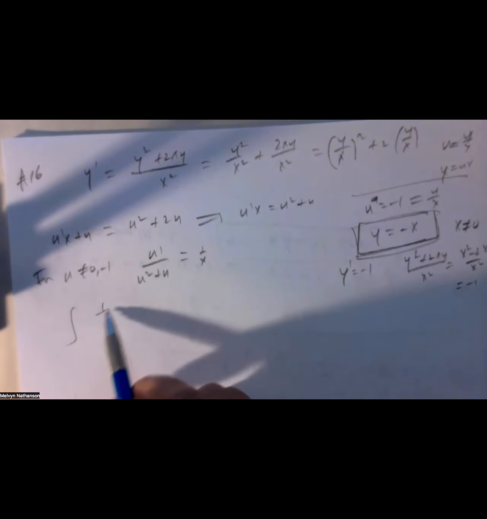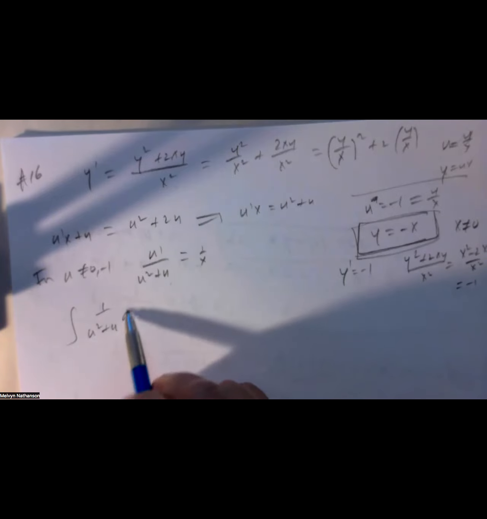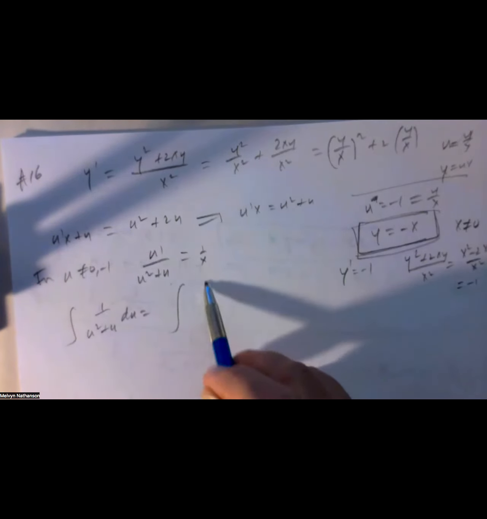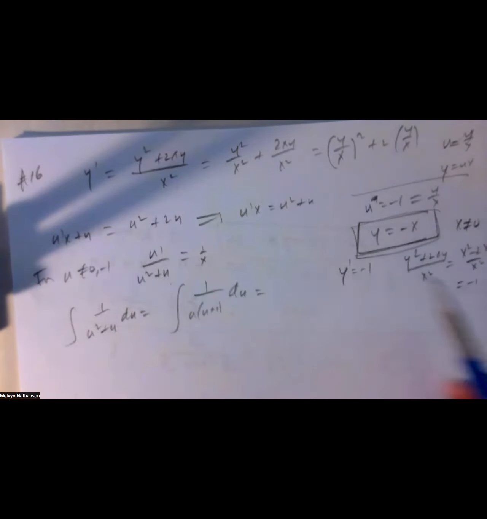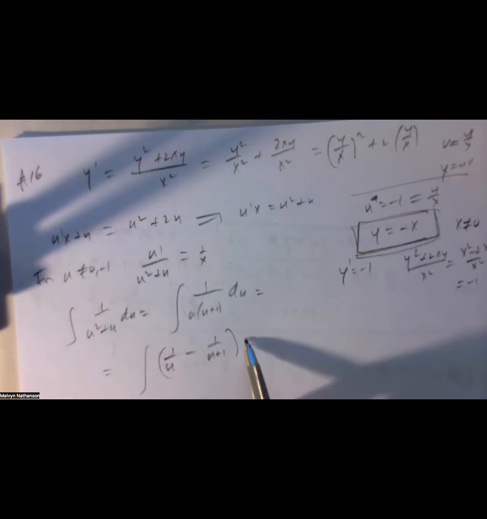So the integral of 1 over u squared plus u du, this is the integral of 1 over u times u plus 1 du. Let's see, if I expand this in partial fractions, this is the integral of 1 over u minus 1 over u plus 1 du.